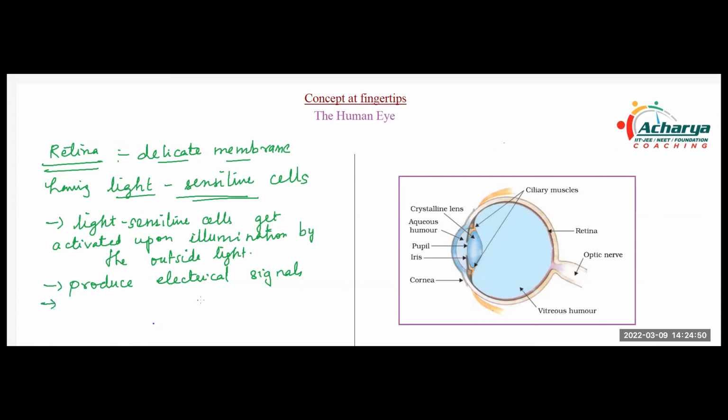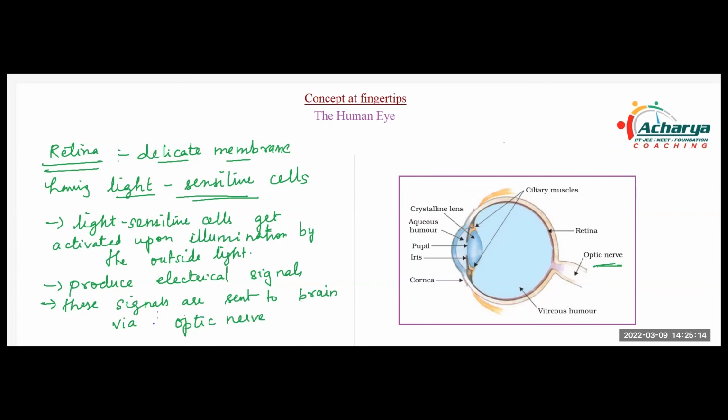These electrical signals are sent to the brain for further processing via the optic nerve. We can see the optic nerve in the picture.